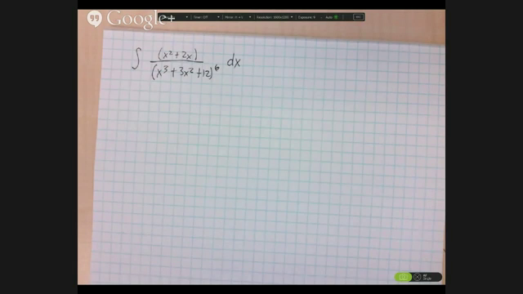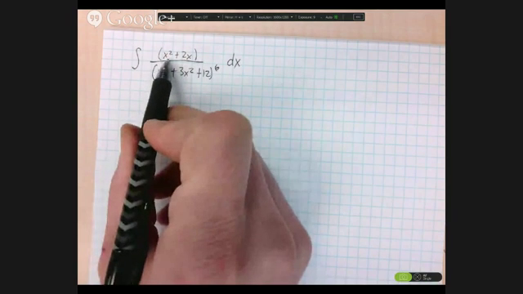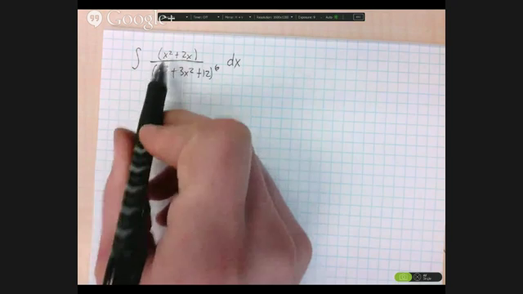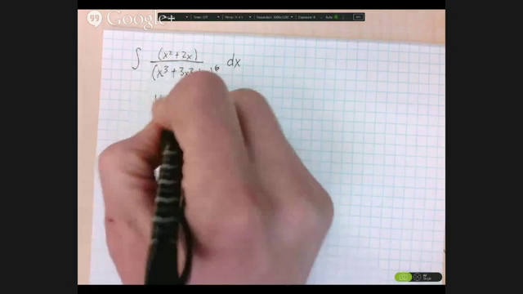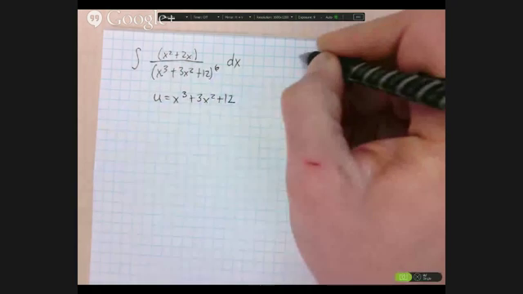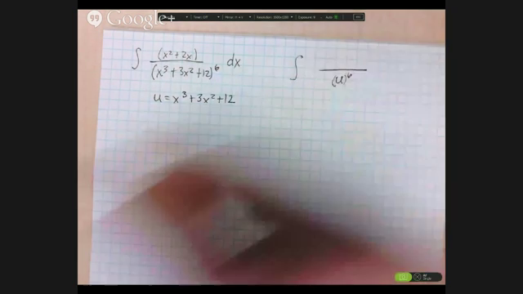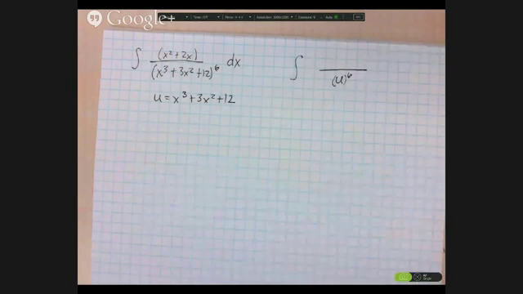x squared plus 2x over x cubed plus 3x squared plus 12 to the 6th. The bottom's in the u. Yeah, so notice x cubed has a derivative that's x squared, right? So u equals... so right now we have u to the 6th on the bottom.